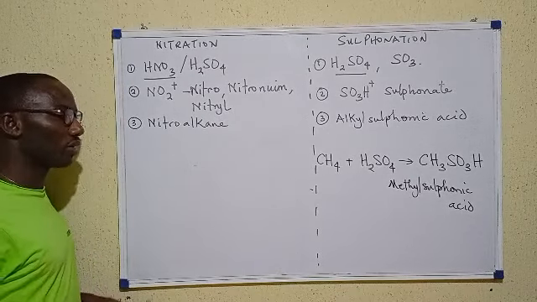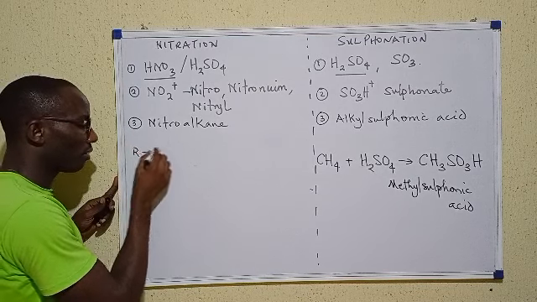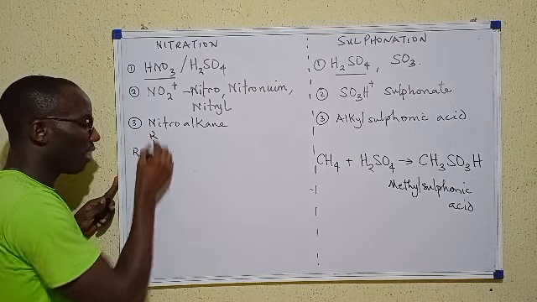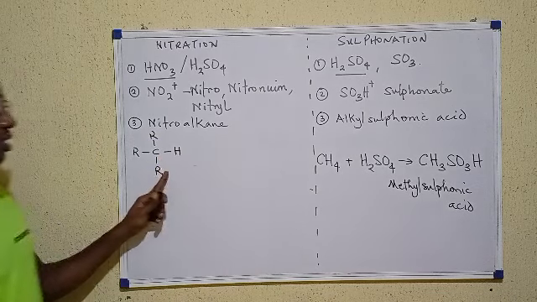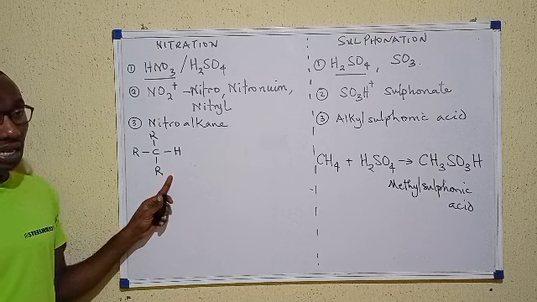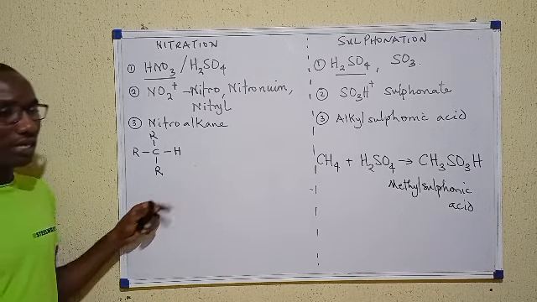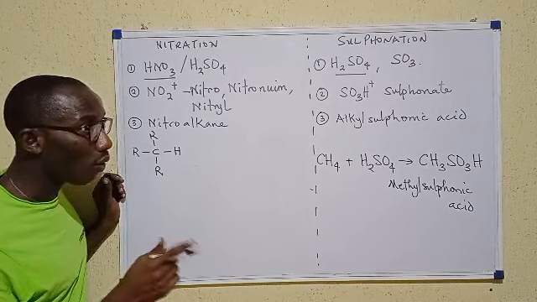What's a tertiary alkane? It is an alkane of the form R3CH. This is a tertiary alkane. This kind of alkane can be oxidized, and when it is oxidized, it gives us a tertiary alcohol.